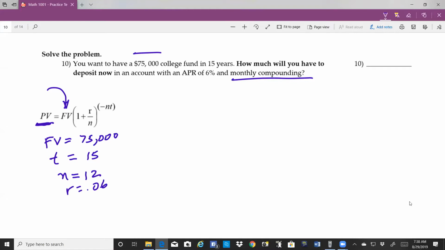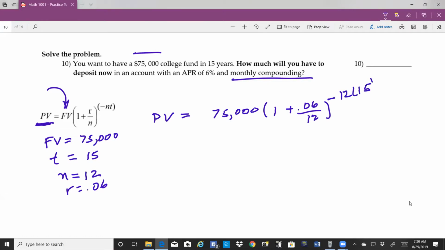So we have to calculate present value is equal to 75,000 times 1 plus 0.06 divided by 12 to the negative 12 times 15.